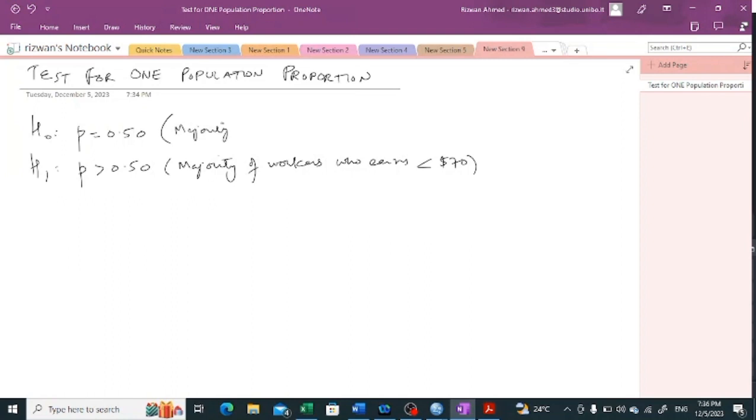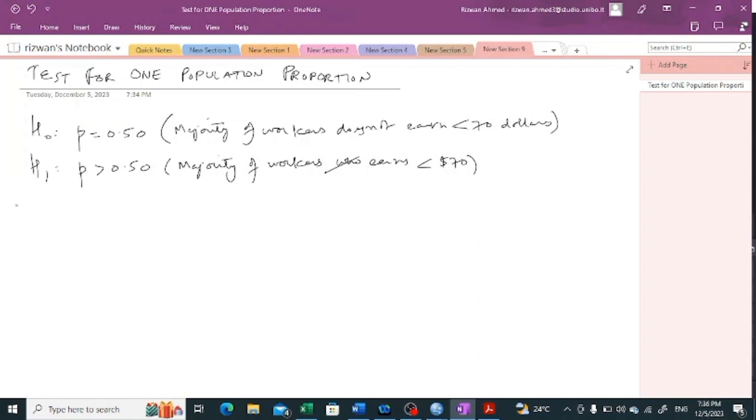Majority of workers does not earn less than $70.